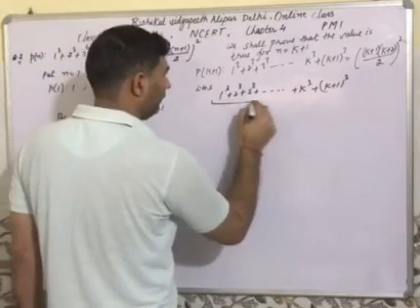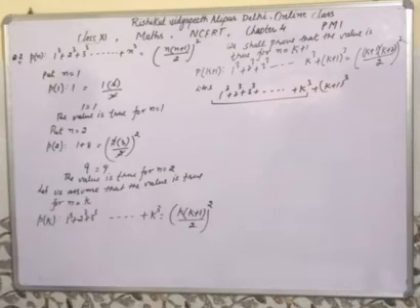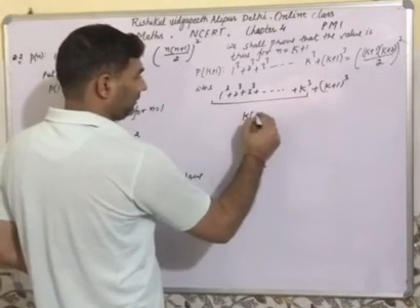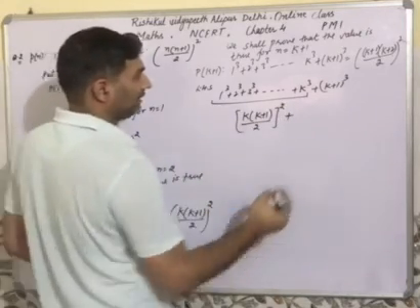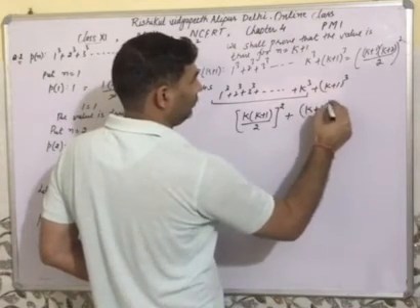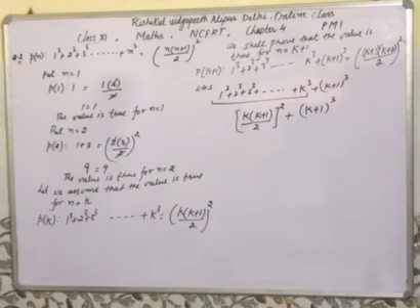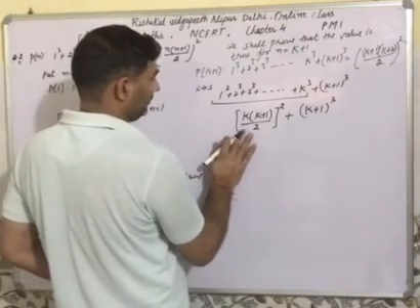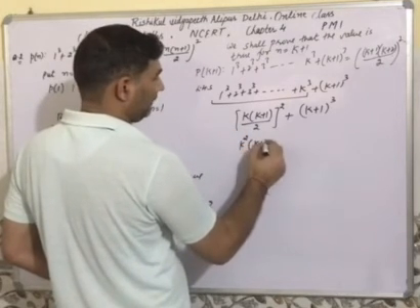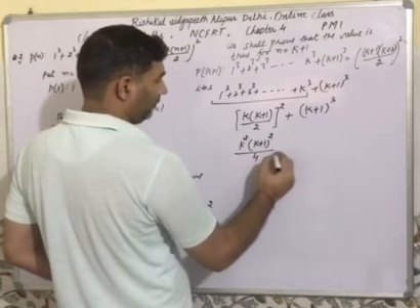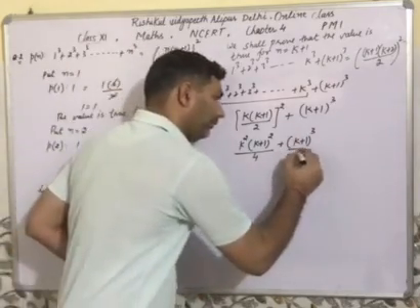We know that this term 1 cube plus 2 cube plus 3 cube and so on up to k cube is equal to k into k plus 1 upon 2 and their square, and this k plus 1 cube, and then this value is k square, this k plus 1 whole square upon 4 plus k plus 1 cube upon 1.